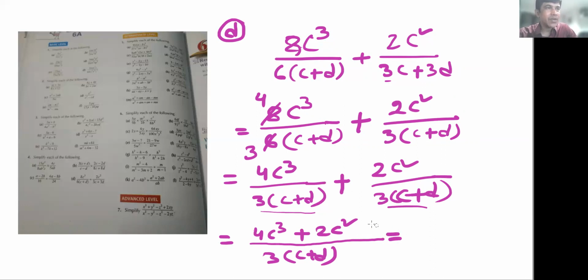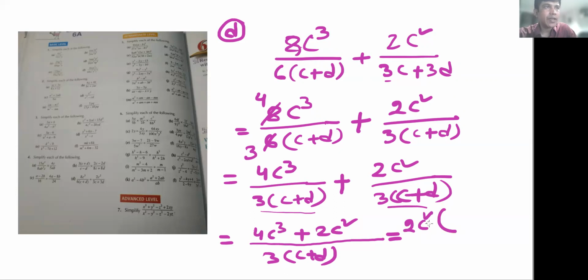Now, interestingly, you can see here, can we take common on top? Yes, we can take common C. Only C? C and 2. See, C3 and C2 is there. That means 2C we can take common, right? If we take common, what will be remaining?